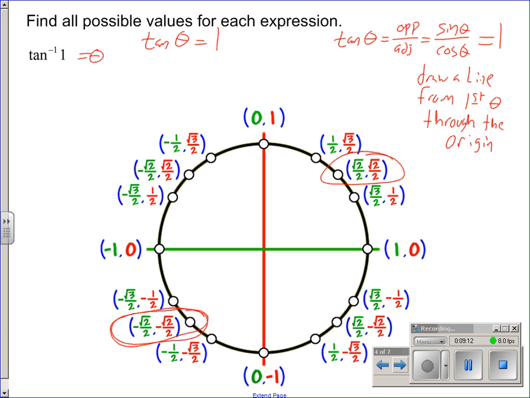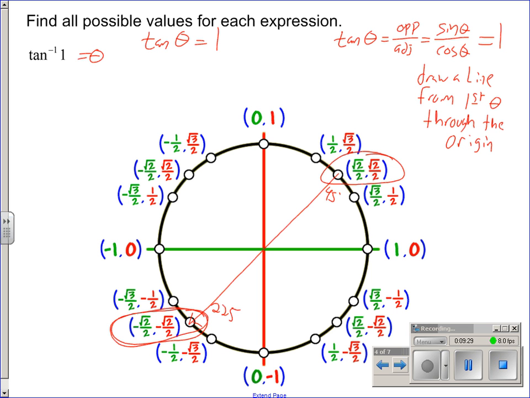So basically, you're drawing a diameter of the unit circle. Takes you right through that other angle. It will always work that way. So this angle here, once again, it's a 45-degree angle. Down here, this is 225.